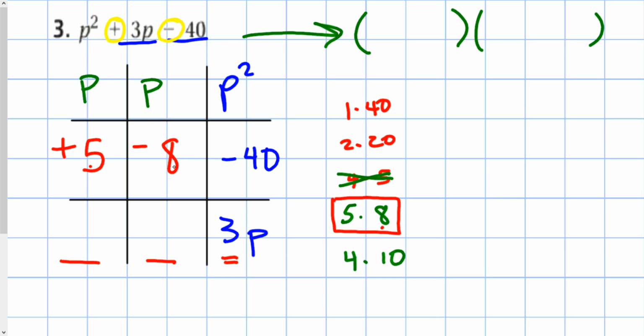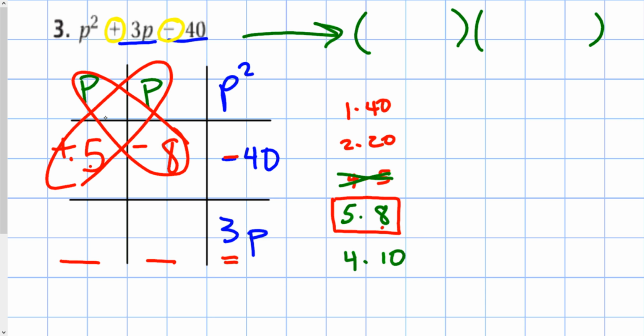So 5 times negative 8 is negative 40. And when I cross multiply, positive 5 times p is 5p. Negative 8 times p is negative 8p. And when I add 5 and negative 8, I get negative 3p, not positive. So that doesn't work.